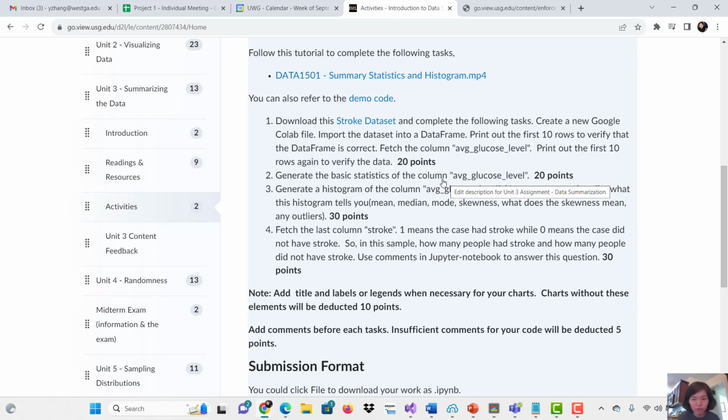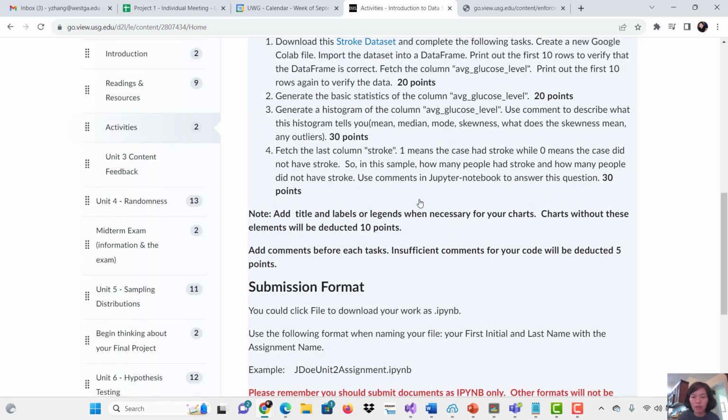Use that function to fetch the column. And this histogram is also based on one column. So as long as you get the column of the data, you should be able to plot this histogram. And for this one, you just use .value_counts. Use that function and apply that to the column stroke.